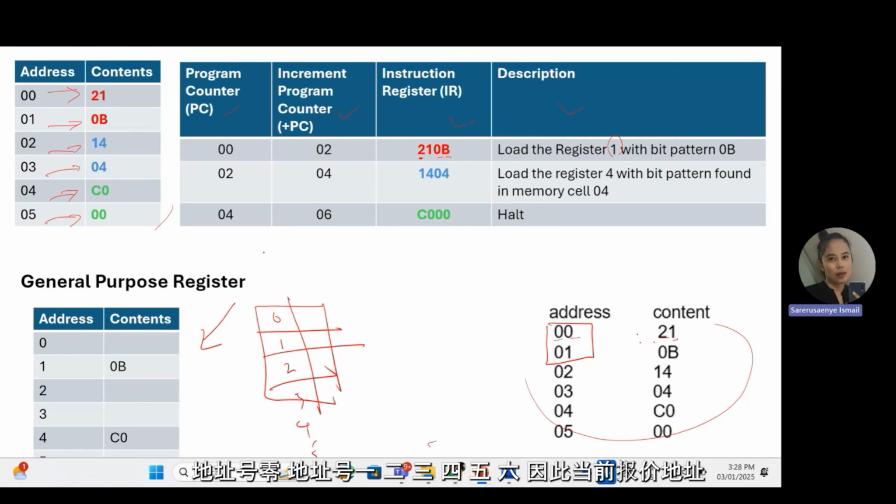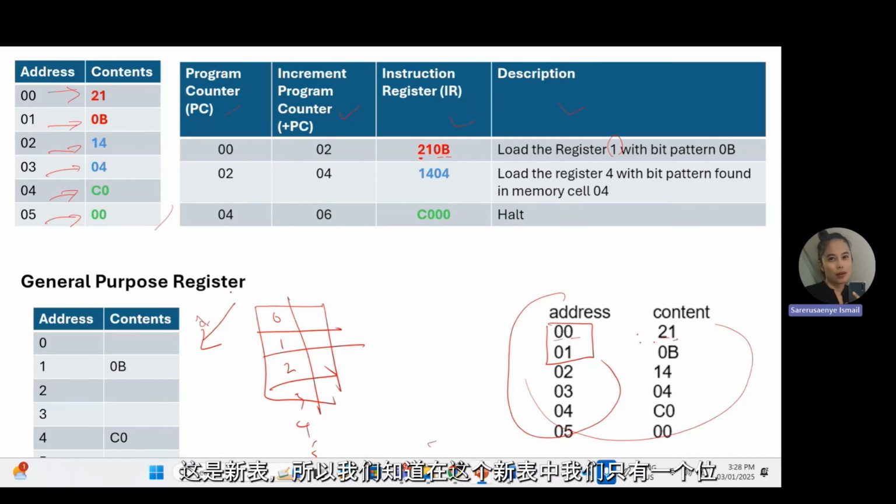So the current address in this question, 00, is definitely 2-bit. But the new table for the new current register, we're going to have only 1 bit here. See, this is all 1 bit: 4, 5, 6, 7, depends on the questions. This is the current, and this is the new. This is the new table. So in this new table here, we only have 1 bit.